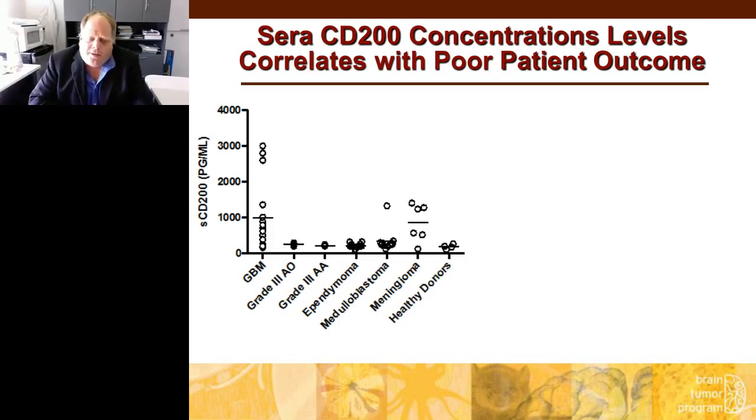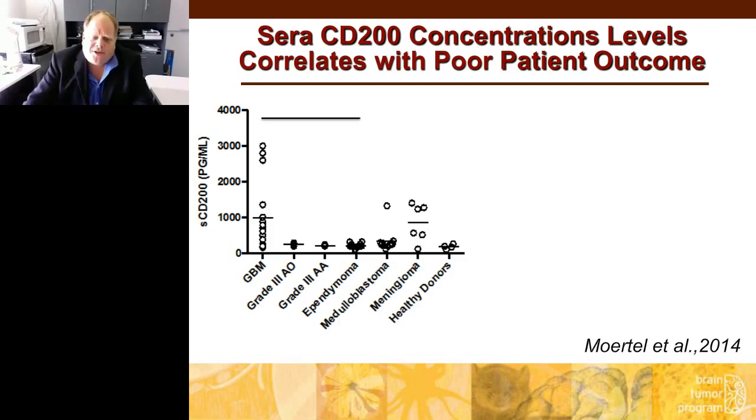And we reported this earlier this year, where we took patient samples from an ongoing or a finished university clinical trial of ours on gliomas. And I also had serum samples from some colleagues of mine, where we showed that in glioblastoma multiforme, some patients had high levels of CD200 in their sera.